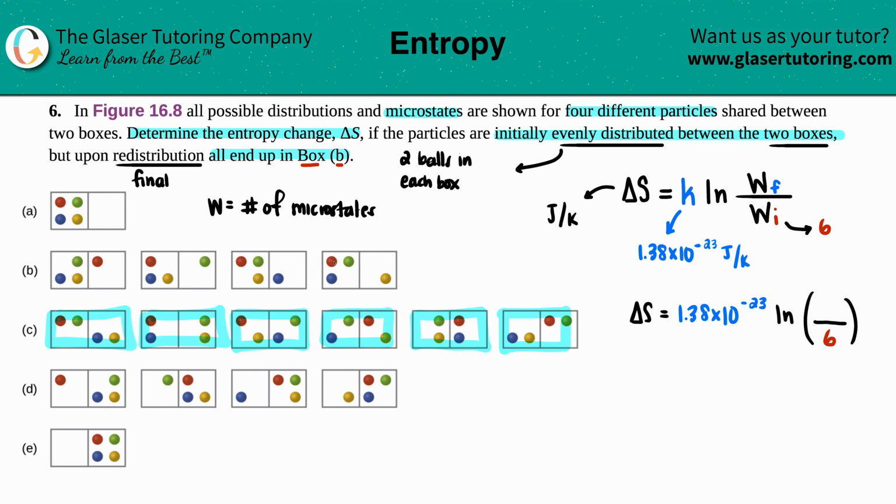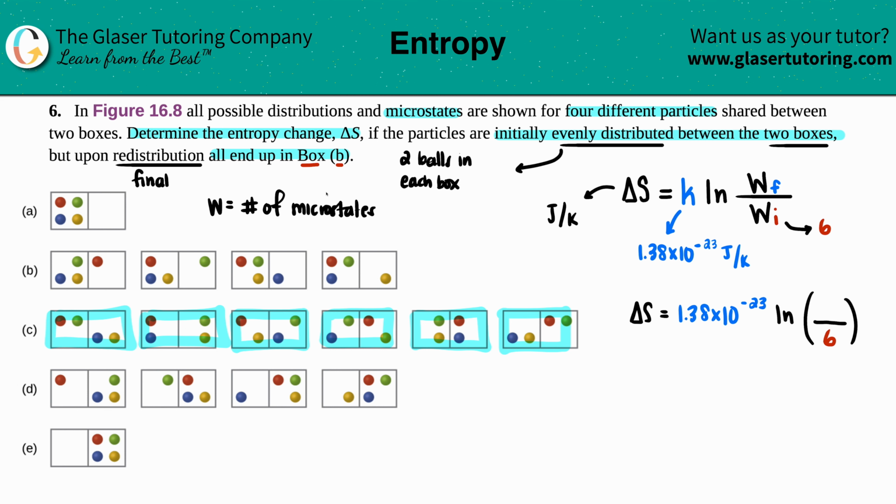However, they're being very specific. They're saying all of them are ending up in a box, singular. You see how over here it says 2 boxes, but now they're all ending up in box B. So I have to look for box B.